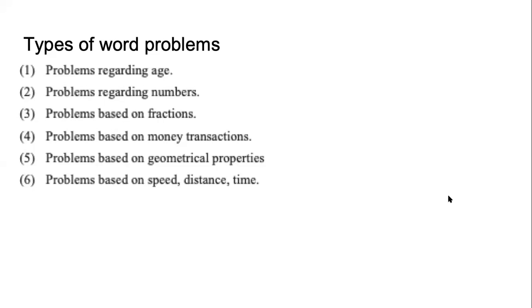So to be able to answer these questions, you need to know a little bit more than just mathematics. For example, if I ask you, if selling price is SP and cost price is CP, what will be profit, mathematically speaking?